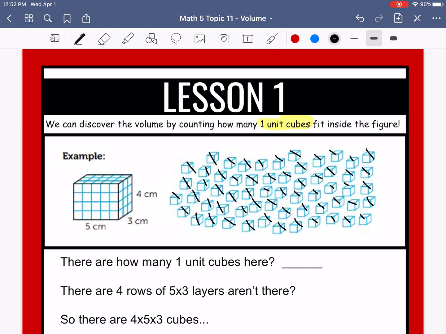Whoa. There are 60 one-unit cubes here. So we would say units cubed, which can be shown by that little exponent.